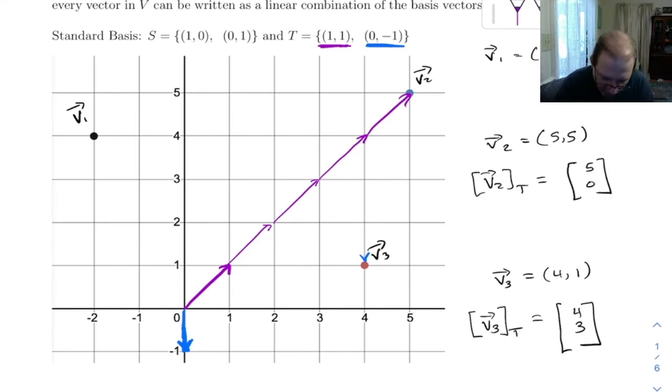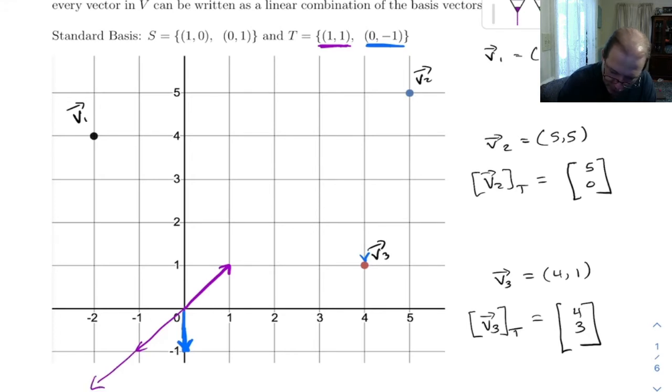And then for V1, V1 is over here. To get it, what we'd have to do would be go down here, and down here, and then up. 1, 2, 3, 4, 5, 6.